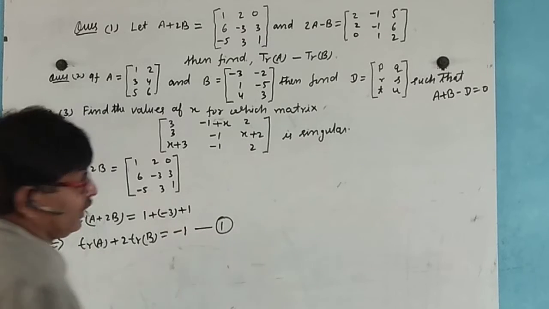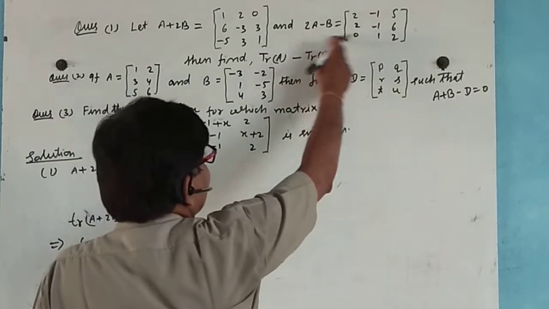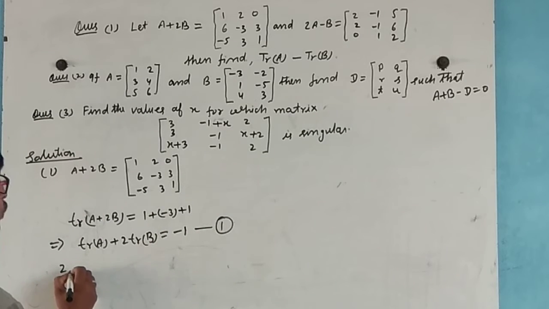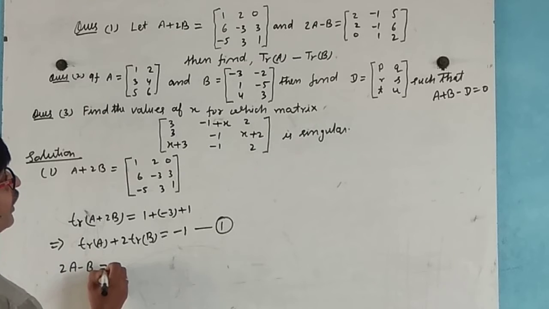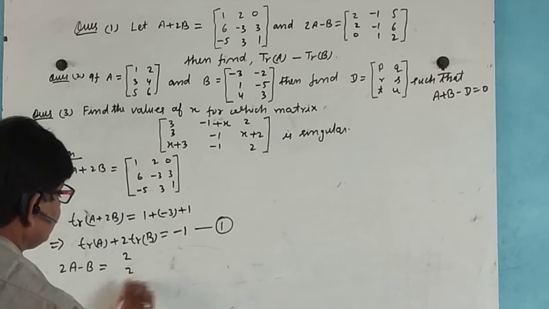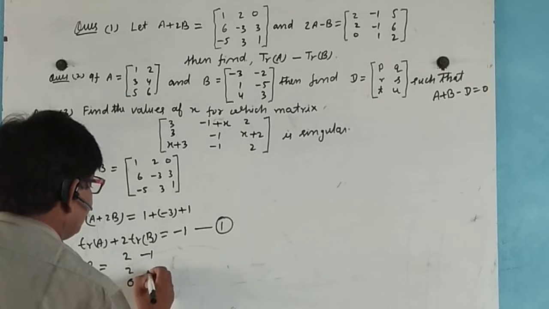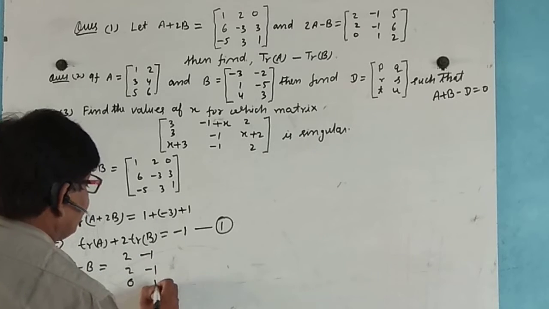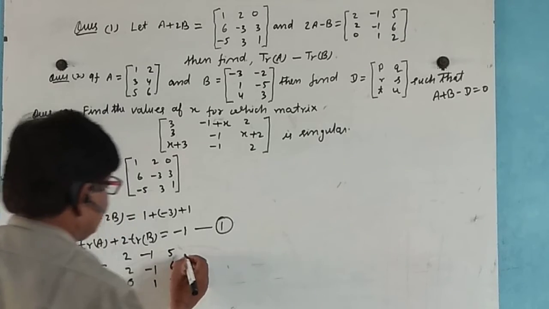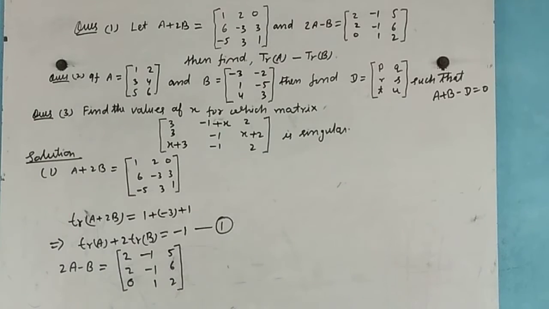This is relation first. Now the second matrix, 2A minus B, equals 2 minus 1 5, 2 minus 1 6, 0 1 2.